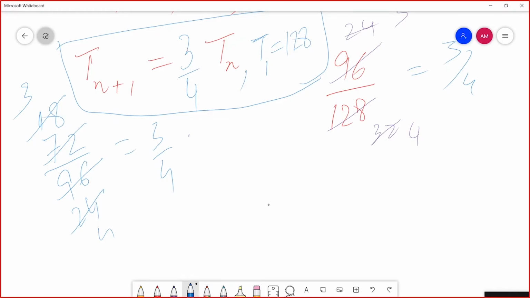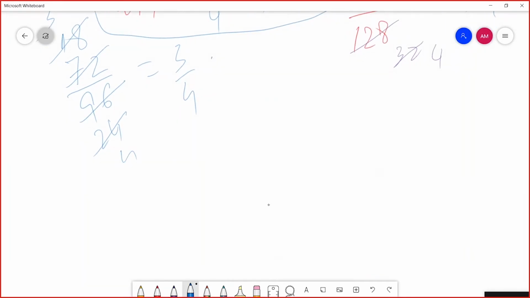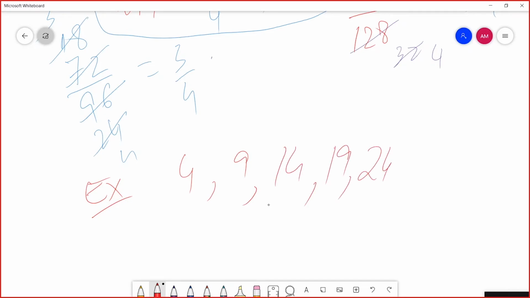Okay. So let me do another question, give you a question rather. So let's do one more example. Let's say the sequence is 4, 9, 14, 19, 24, and so forth. Can you tell me the sequence? Can you help me to write the sequence, please?